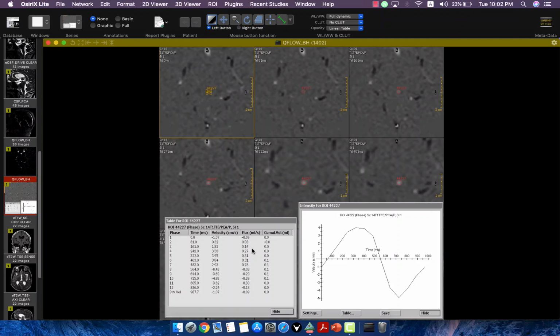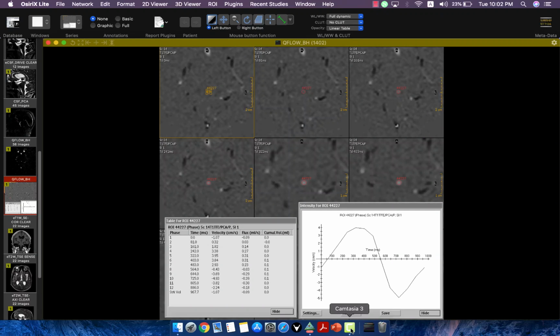As we see here, these values are usually large, so the number produced is usually more than 42 milliliters per second. This means that the flow here is hyperdynamic, and this patient is confirmed to have normal pressure hydrocephalus, and these patients are candidates for shunt tube insertion.